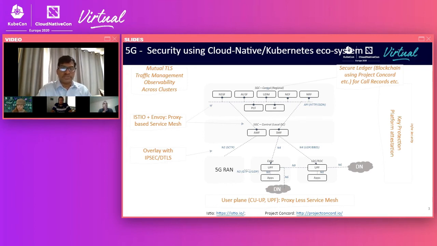So how does one ensure that the system is not compromised? Platform attestation is very important. How does one ensure that whatever secrets, passwords, private keys are configured and shipped to the network functions running in the edges are not compromised? How do you know they are not stolen? So key protection and platform attestation become very important to figure out something bad happened. So that is one aspect.